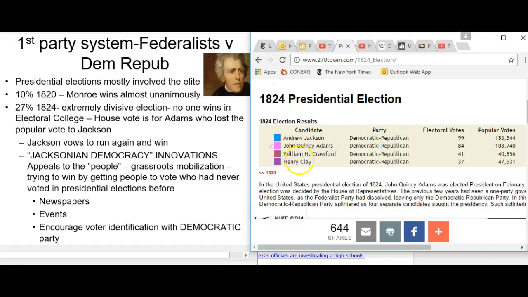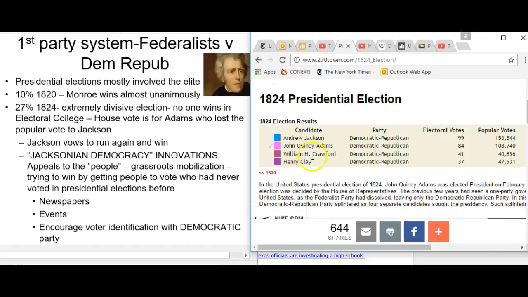But really, they weren't really running as a party with a party label. They were all sort of opposed to Federalist policies. So kind of looking backward, we kind of call them all Democratic Republicans. But really, they were all running as individuals.